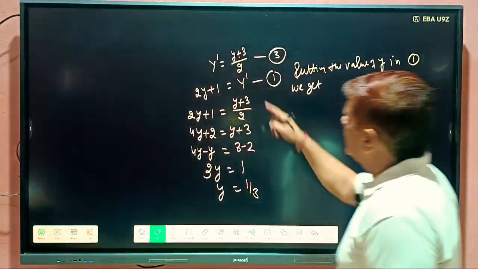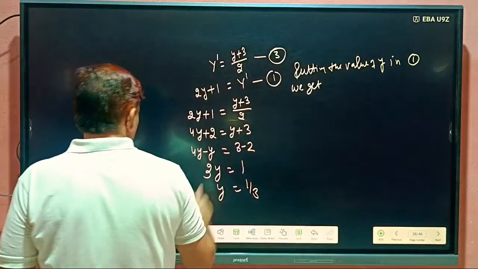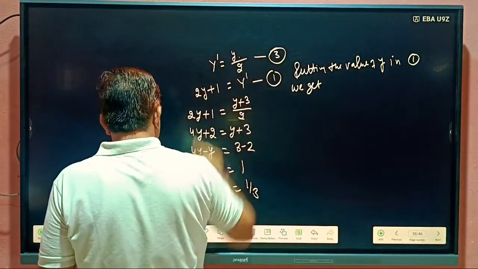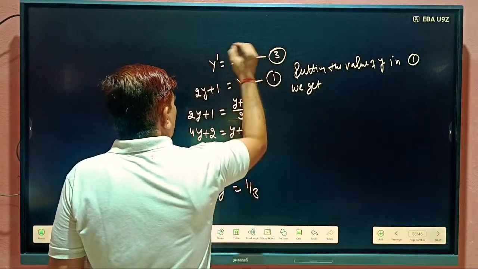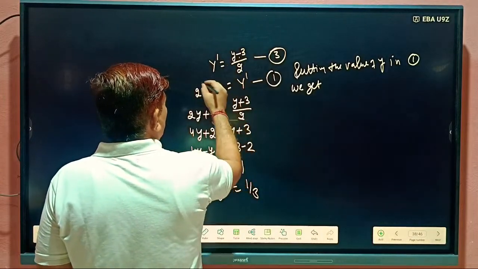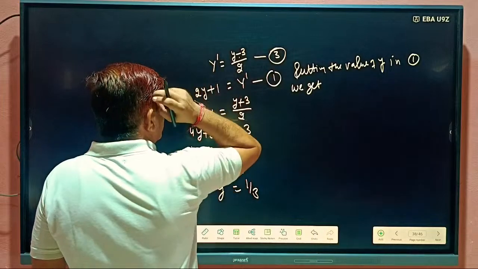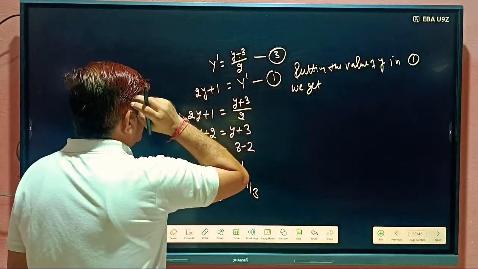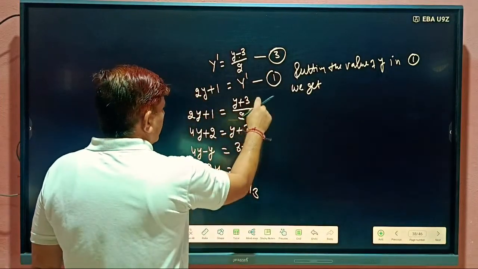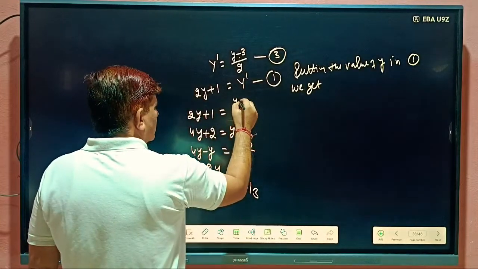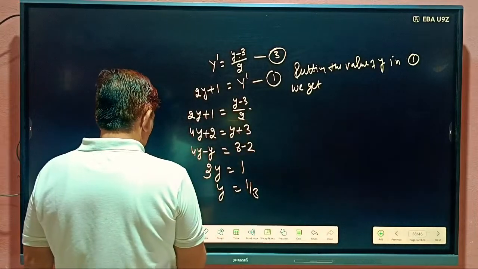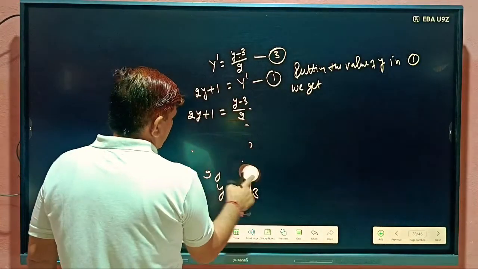One mistake by chance, this statement was taken wrong. Y minus 3 by 2. So what becomes 2y? Y minus 3 by 2. So here also what's coming? Y minus 3 coming. So this again changes. So one problem is there.